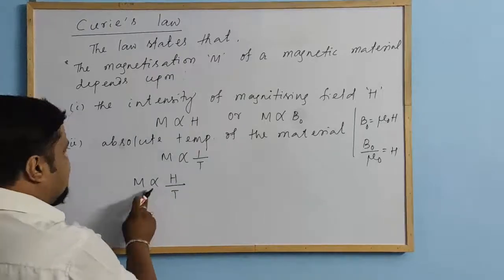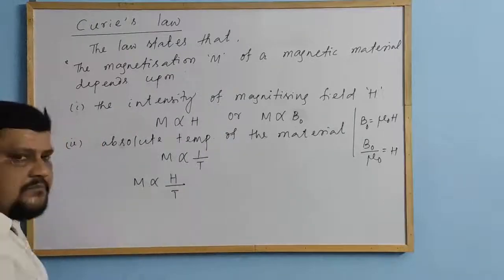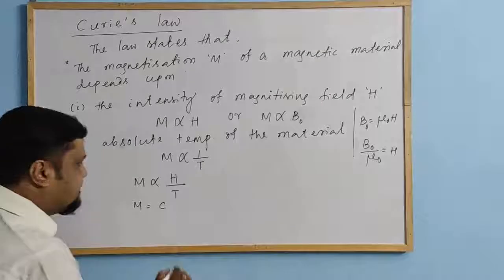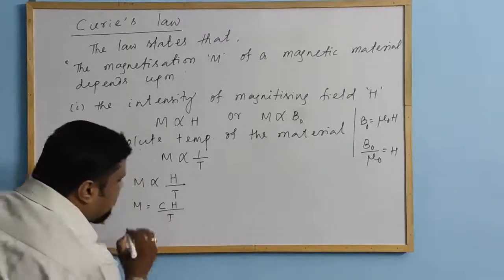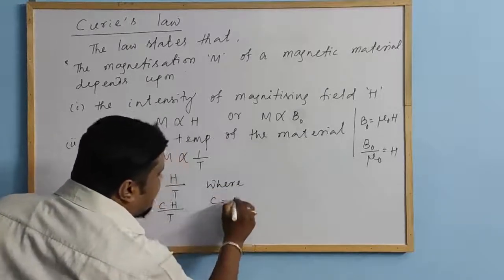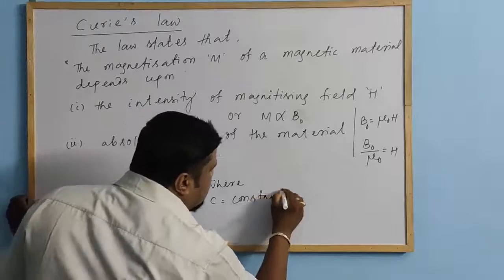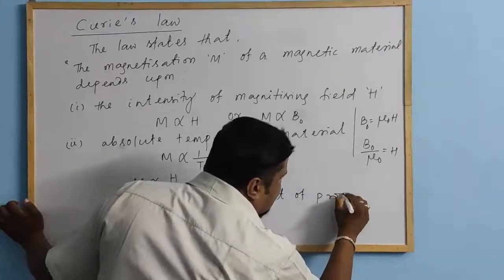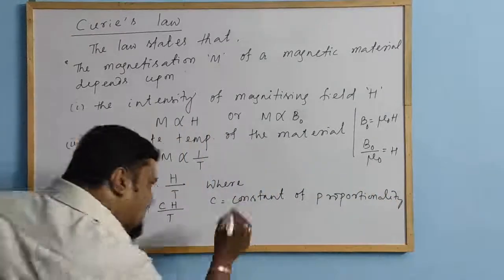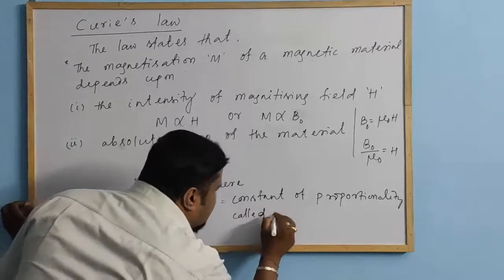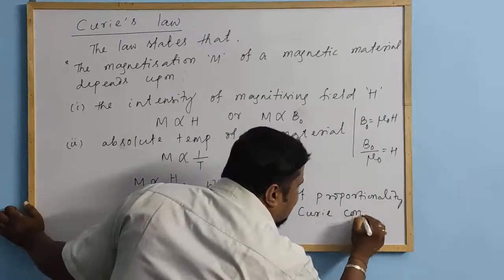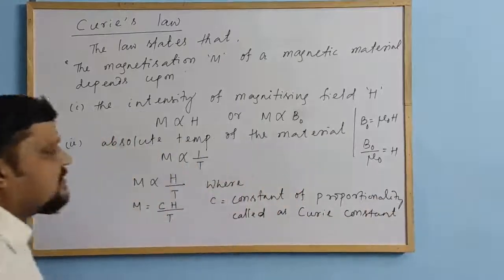So if you combine this, M is proportional to H by T, or I can write M is equal to C H by T, where C is the constant of proportionality, called the Curie constant. According to the name, it is called Curie constant.